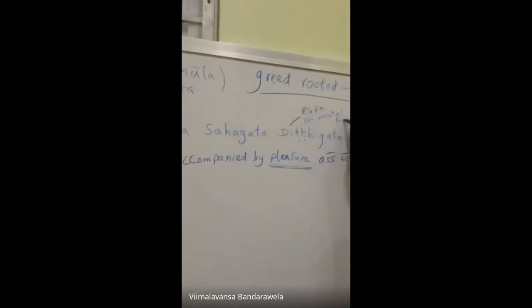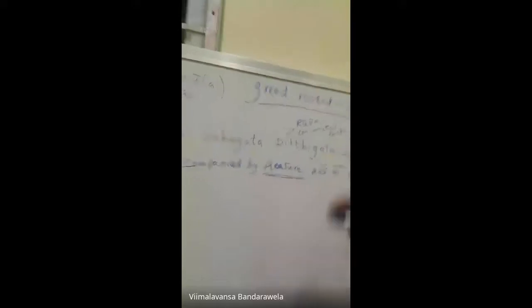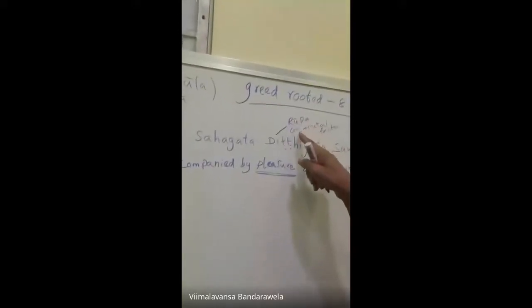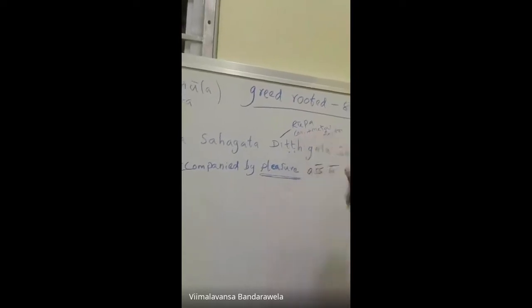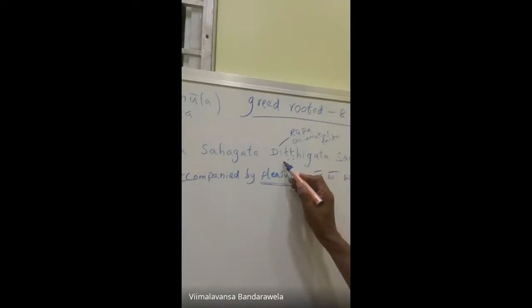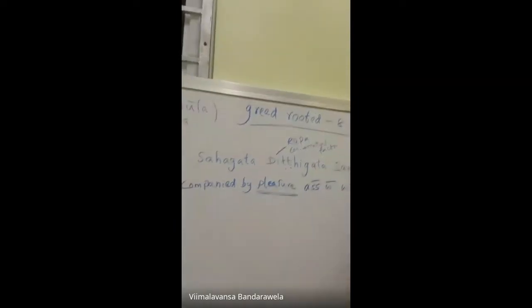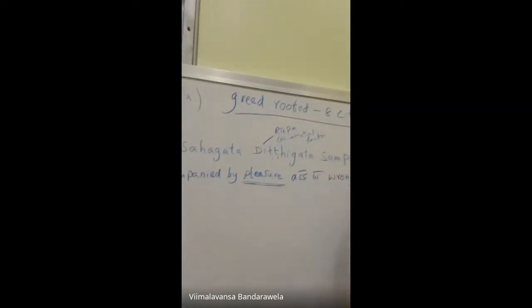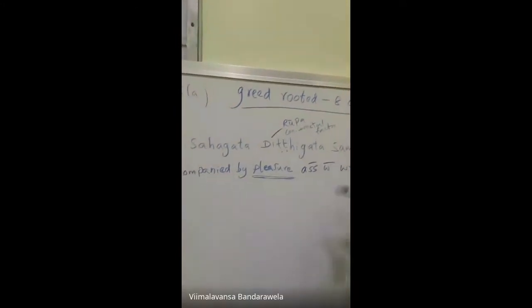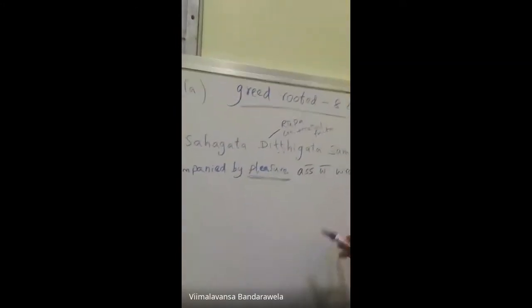So if you think this is a child, but there is no child, only rupa and consciousness plus mental factors, therefore this is what is called ditthigata sampayukta. Ditthigata sampayukta means associated with wrong view, and right view is covered by this wrong view, right?